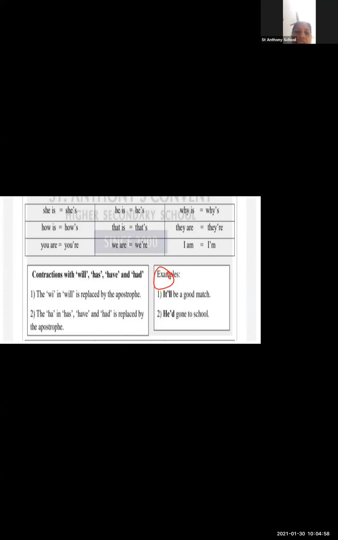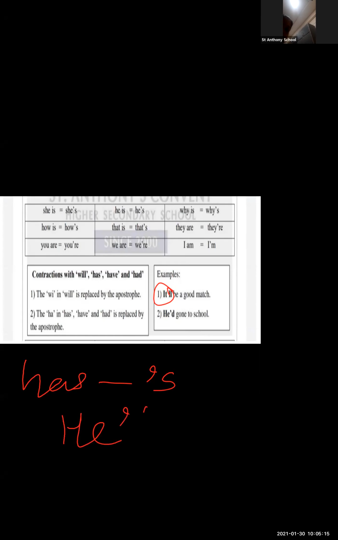So what it becomes? Apostrophe S. He has, how will you write? Wait a minute, I will show you. If you have has, what you will do? Apostrophe S. That means he apostrophe S, that means he has.